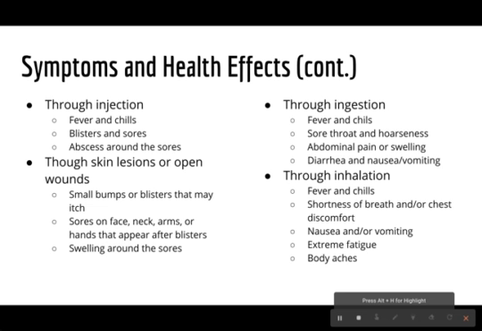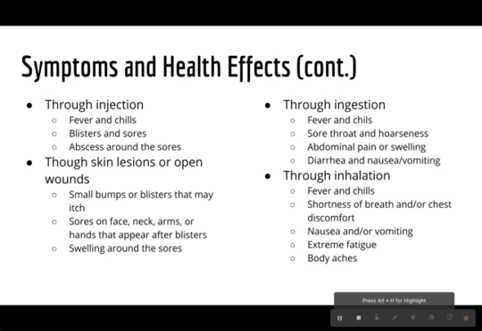If somebody contracted anthrax through skin lesions or open wounds, they would generally first experience small bumps and blisters that may or may not itch. Shortly after those blisters, they're probably going to start seeing sores appear either on their face, neck, arms, or hands. And generally, they will experience swelling around those sores.